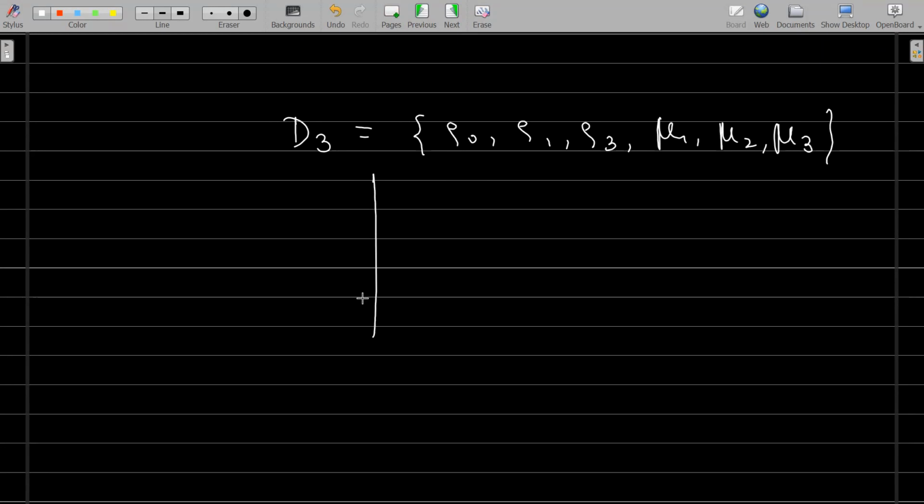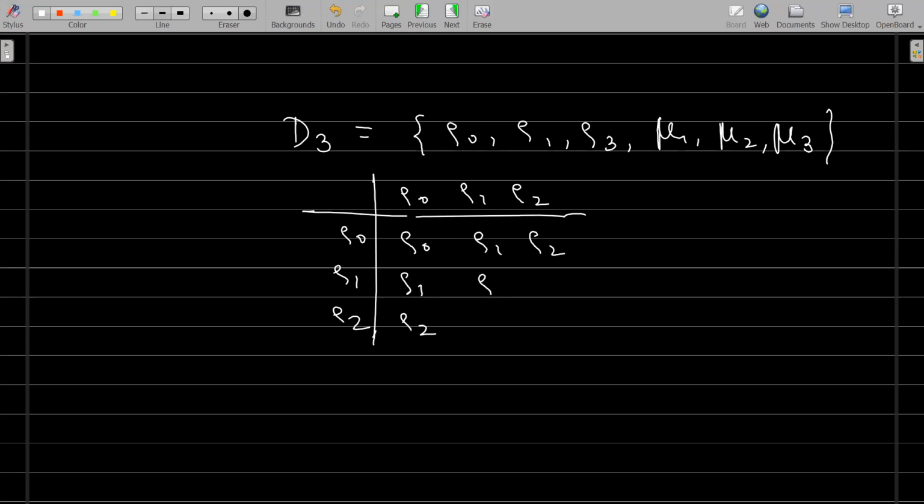Take the first part, for example, just these three elements. Check this part of your multiplication table, the Cayley table. This is rho naught, this is rho 1, this is rho 2, this is rho 1, this is rho 2, this is rho 2, this is rho naught, this is rho naught, this is rho 1.